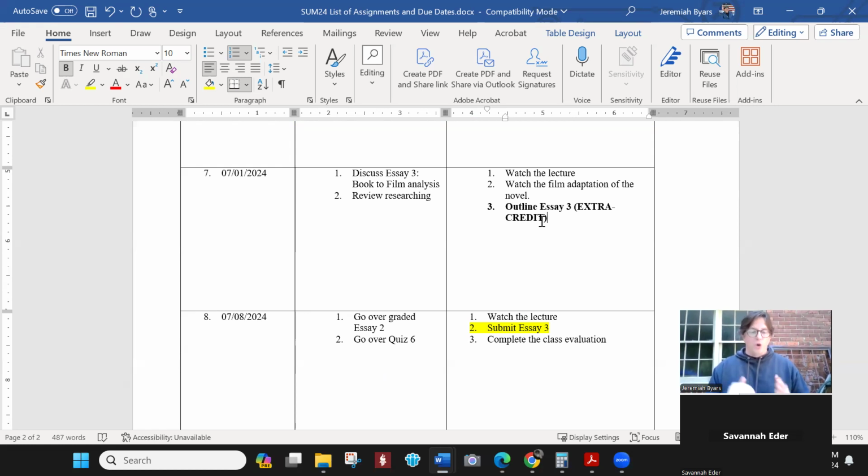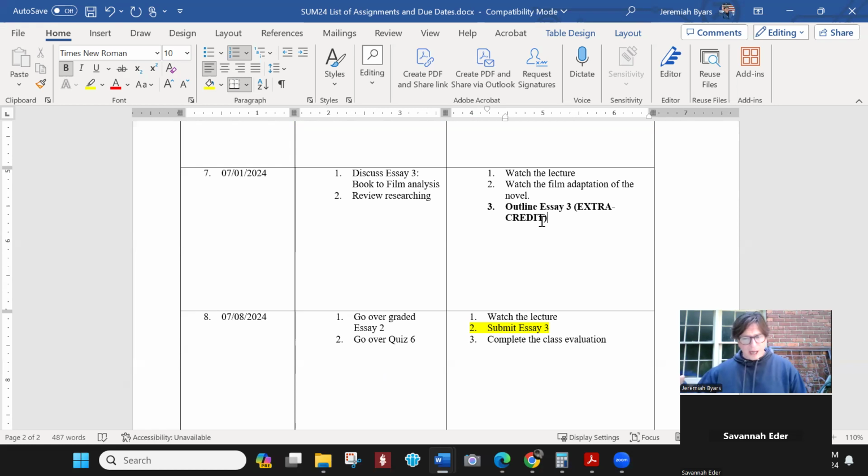But you're not required to turn in an outline for essay 3. It will be extra credit. I'll put in the grade book out of 25 points. If it's barely done, if it's just some stuff, I'll give you 40, 50 points.